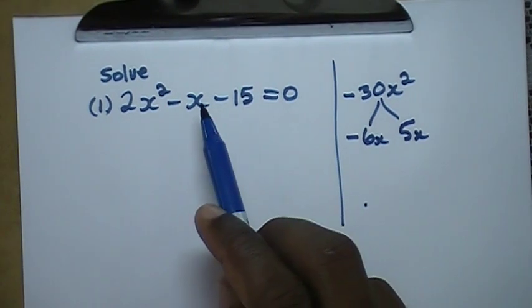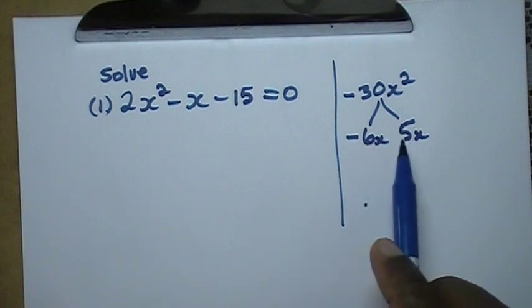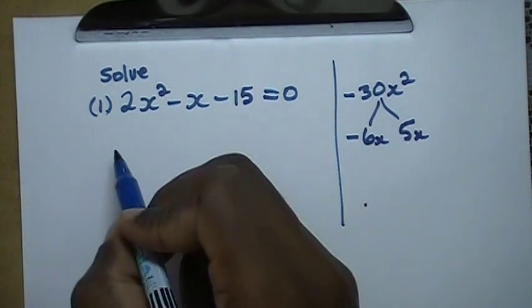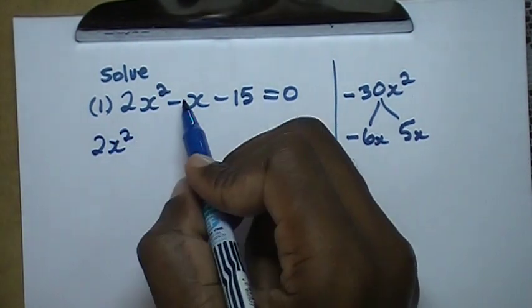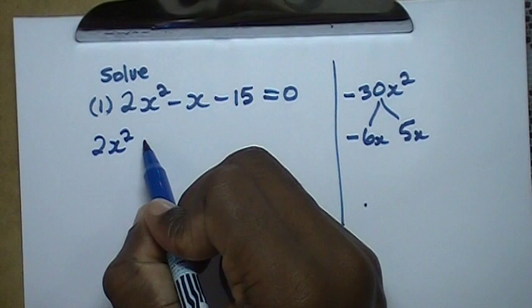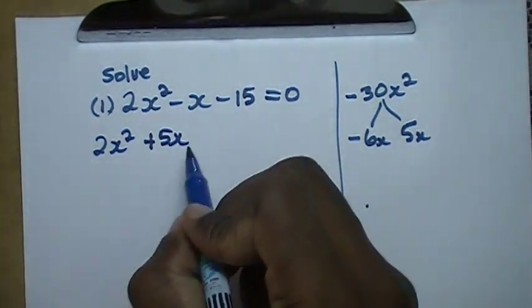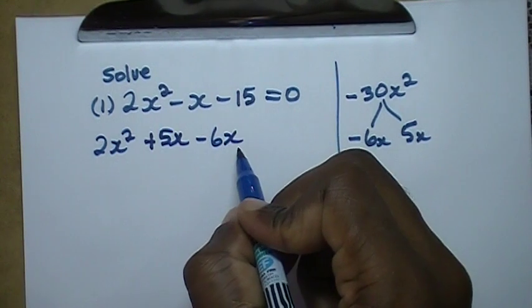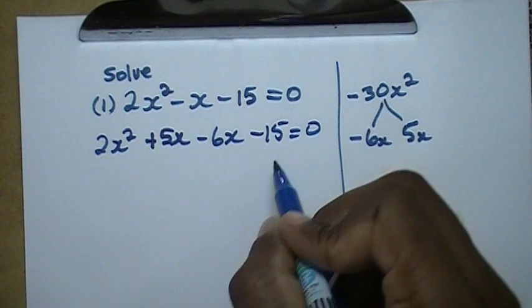So we're splitting this middle term into these two terms. So write back this 2x squared, split the middle term into two parts, which is going to be 5x and negative 6x. Write back that negative 15 equals 0.